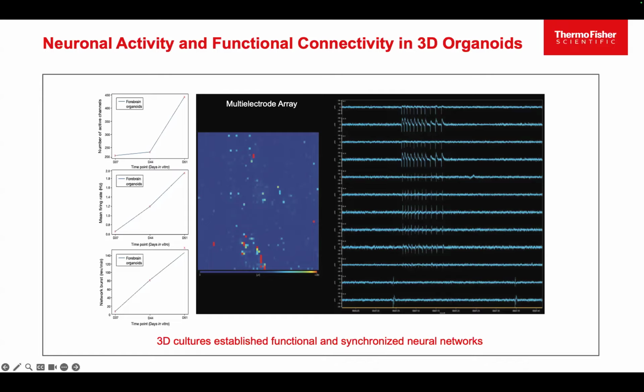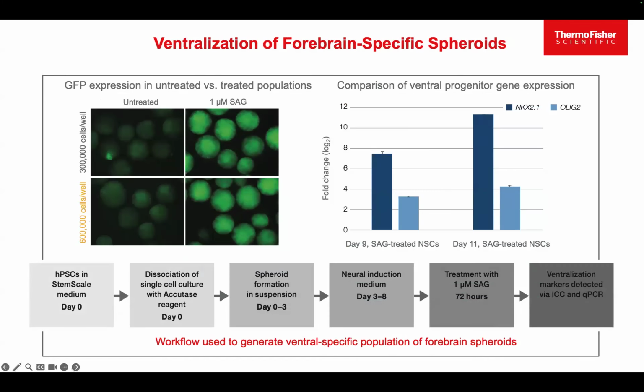Again, all indicative of a physiologically relevant model, much like what we would expect to see within the human brain itself. And then last but not least here, again, I won't go into too much detail, but we wanted to generate a very specific population of these forebrain spheroids, a ventral specific population, so the lower front part of the forebrain, again, just showing us that we have some flexibility with this model.